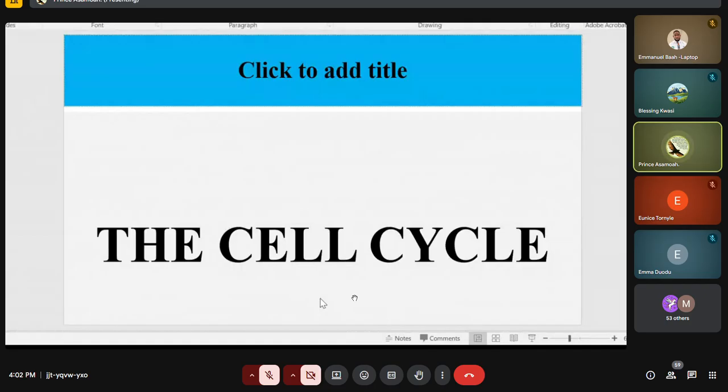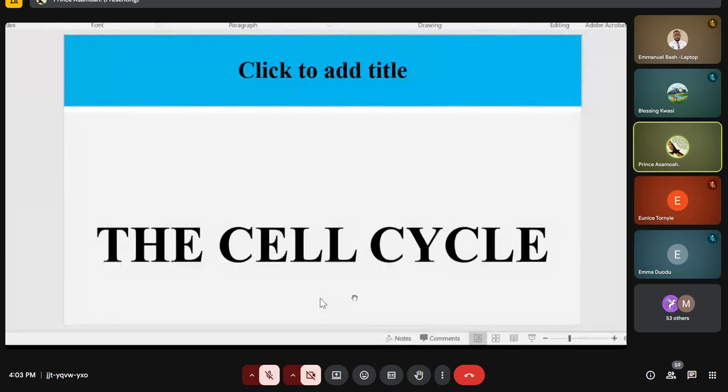Some of the organelles are lysosome, peroxisome, ribosome, mitochondria, endoplasmic reticulum, cytoskeleton. All these are part of the organelles in the cell. We've looked at their respective function, the cell wall structure and function, the cytoplasm structure and function, and the nucleus structure and function. This is the summary. I hope you get it now.